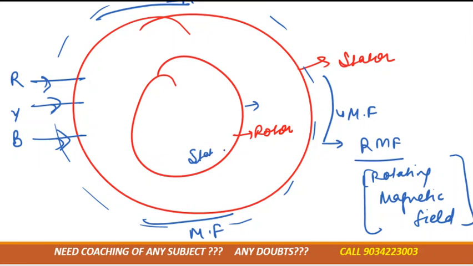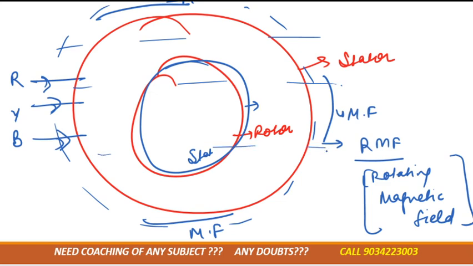If we put a stationary coil in a rotating magnetic field, then flux lines will be cut. According to Faraday's law, there is a change in flux because the magnetic field is rotating, so EMF will be induced. This EMF induced means the current is flowing in the rotor.